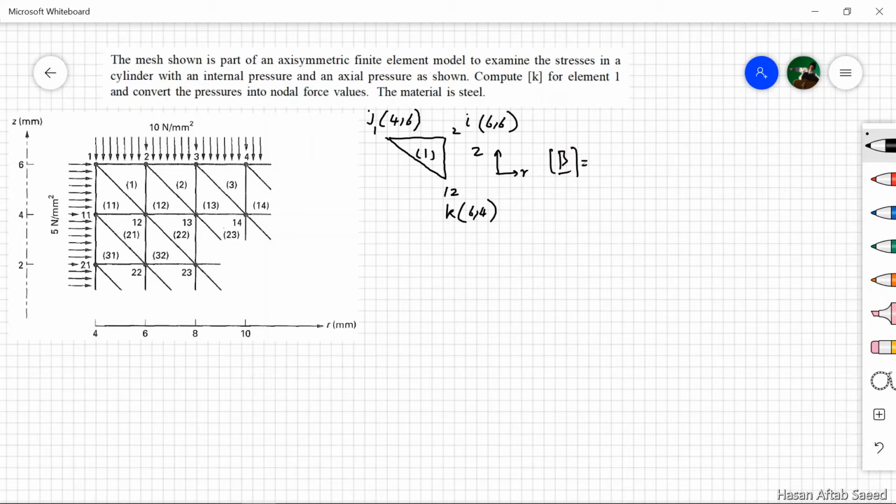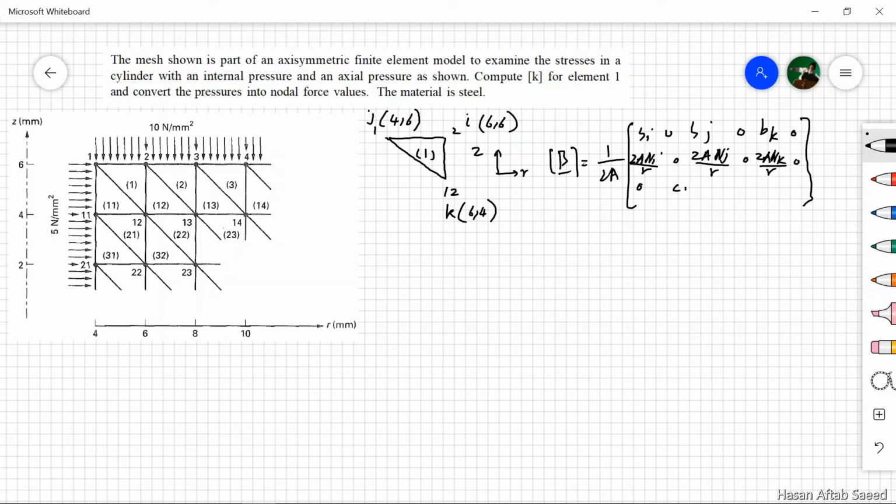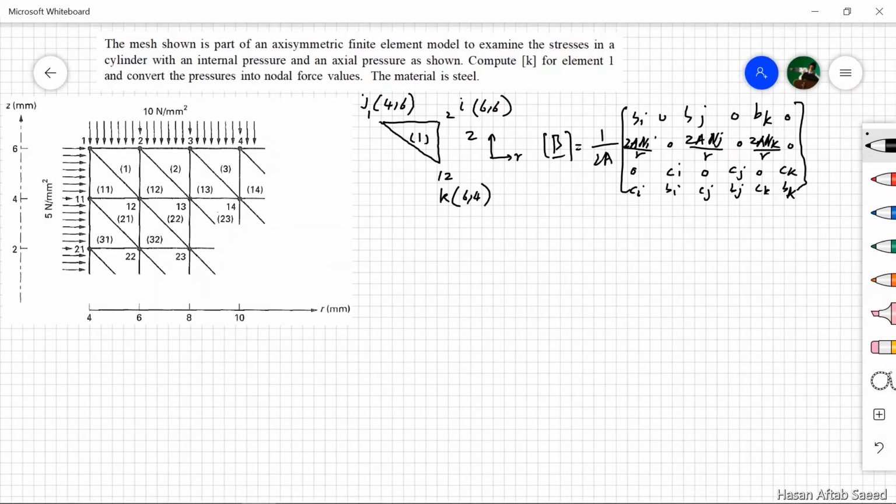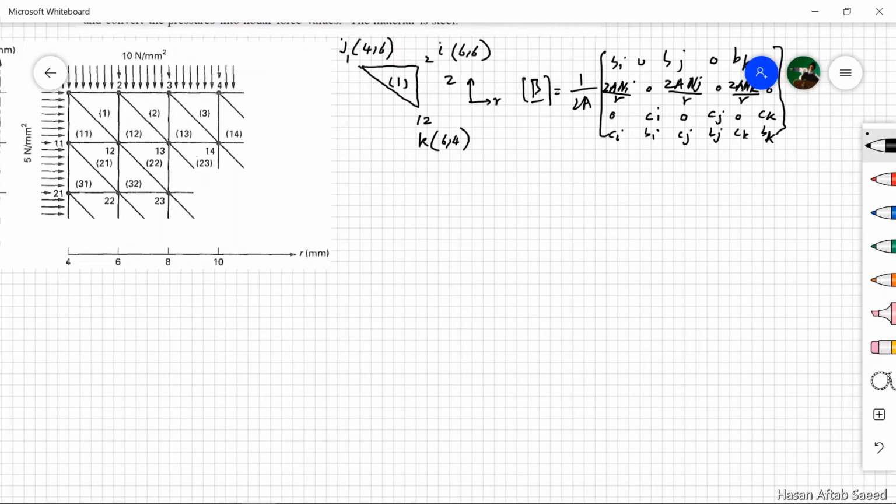We recall from the previous lecture: 1 over 2A, BI 0, BJ 0, BK 0, then 2A NI over R0, 2A NJ over R0, 2A NK over R0, and then you have 0 CI, 0 CJ, 0 CK, and CI BI, CJ BJ, CK BK. You need to calculate all these in order to find B, and then from B to K is a simple matter.